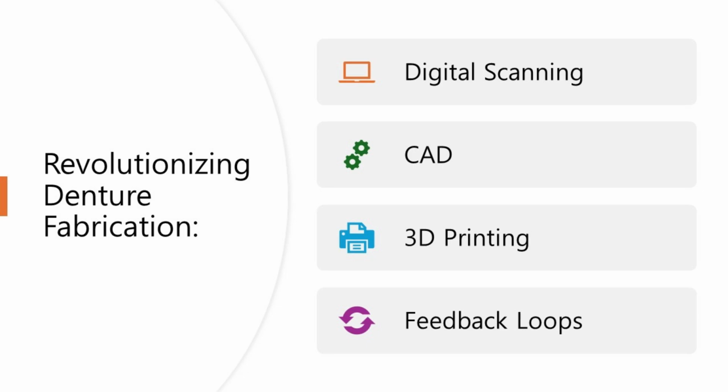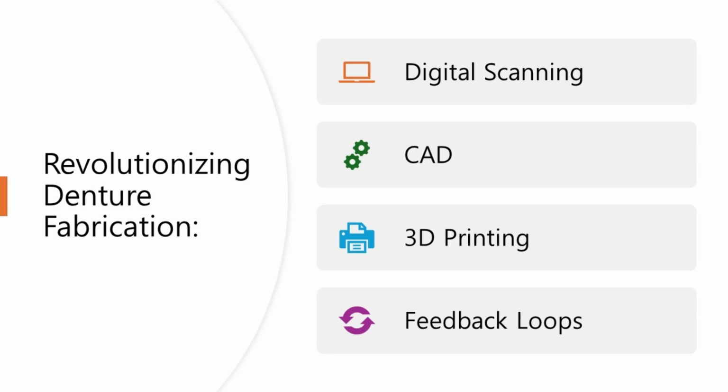After finalizing the design in CAD, 3D printing is employed to create the denture. This technology accelerates the production process and allows for easy replication and modification of dentures based on feedback, significantly reducing material waste and overall treatment time.